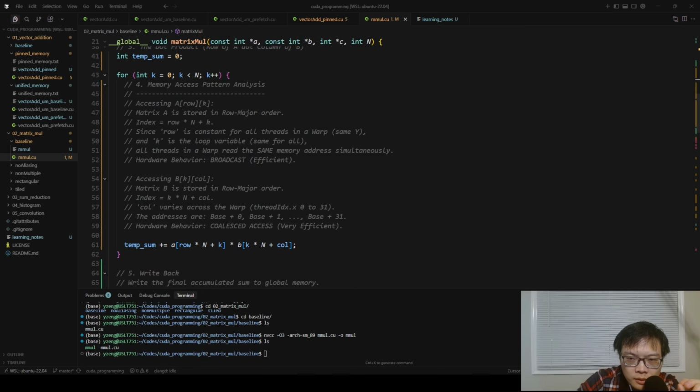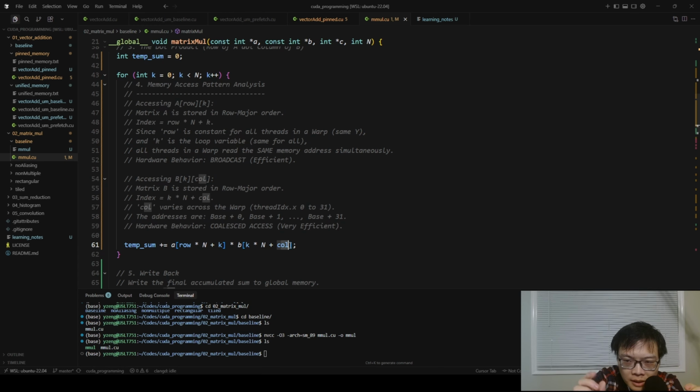Let's assume the loop variable k equals 0. First, let's look at matrix B here. Since k equals 0, the index simplifies to just the B column. So thread 0 requests index 0, thread 1 requests index 1, up to thread 31 requesting index 31.